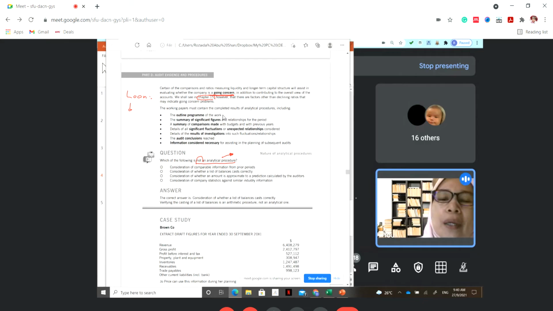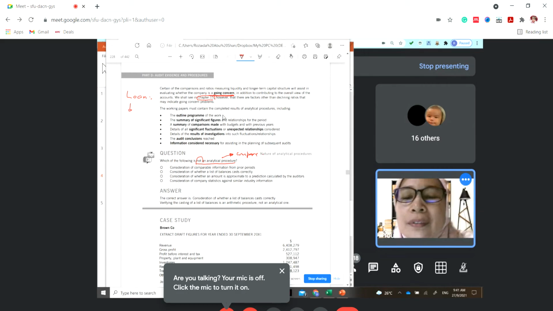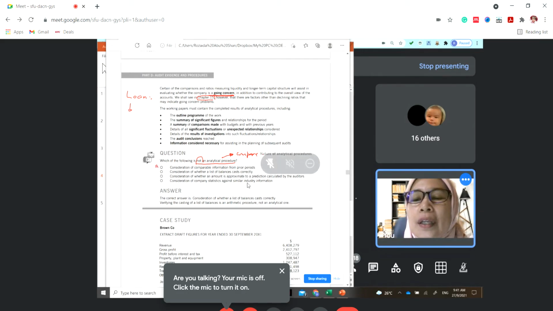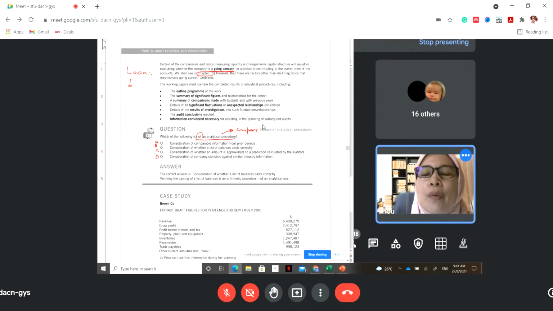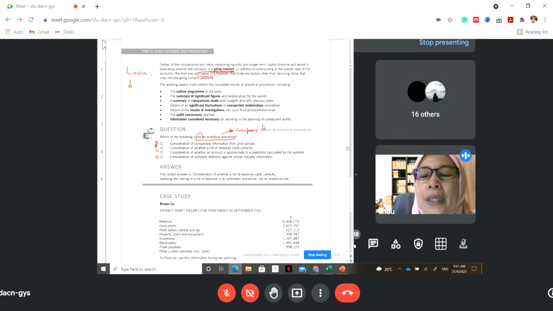Yes, compare. So which one is not compare? A, B, C, D. Which one is not compare? B. Where is the class? Don't look at the answers below. Check, compare. B, right? B.